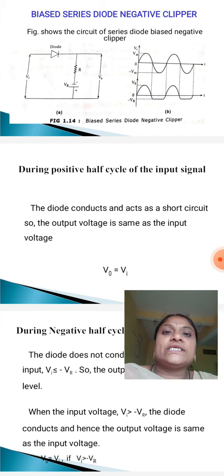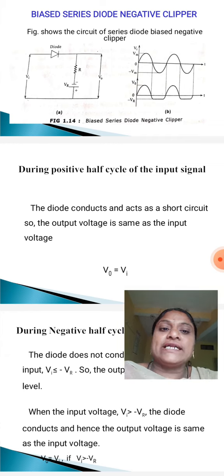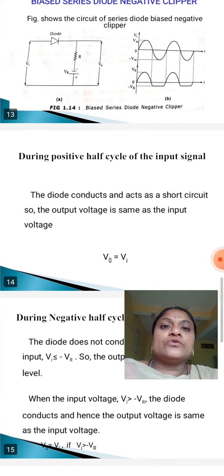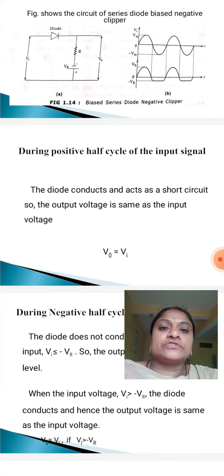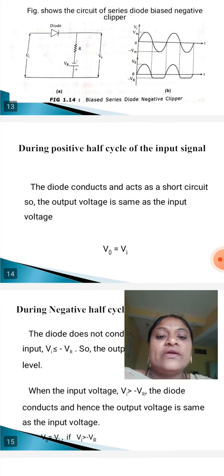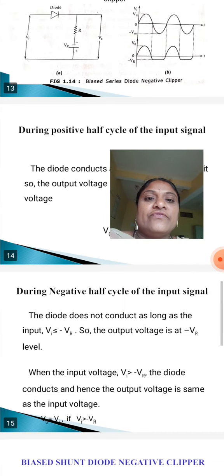So it conducts current and acts as a short circuit. The positive half cycle at the input of the circuit goes to the output. Therefore the output voltage is the same as the input voltage, V0 is equal to Vi.